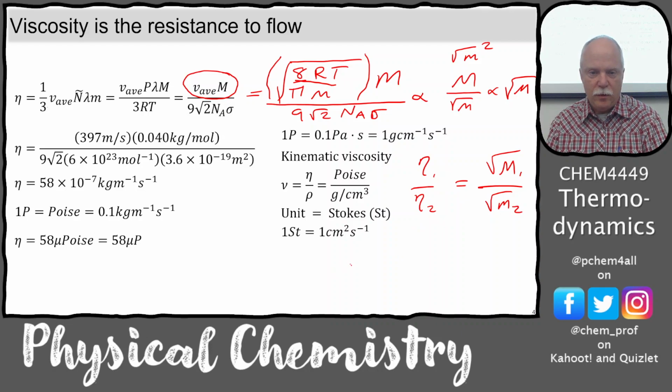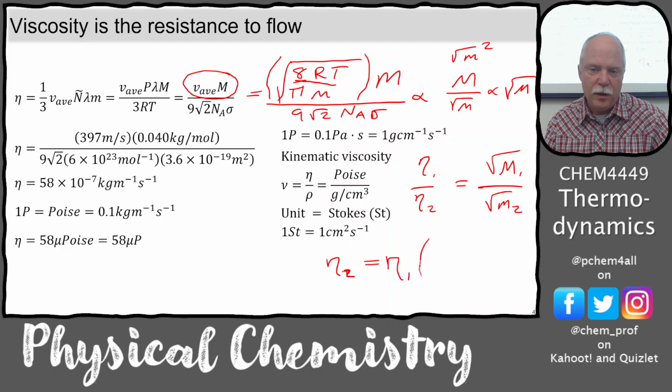So let's solve this. I like to do situation 2 is the new molecule, situation 1, so it would be eta 1. And so then that's going to be M2 on top and M1 on bottom, all to the 1/2.